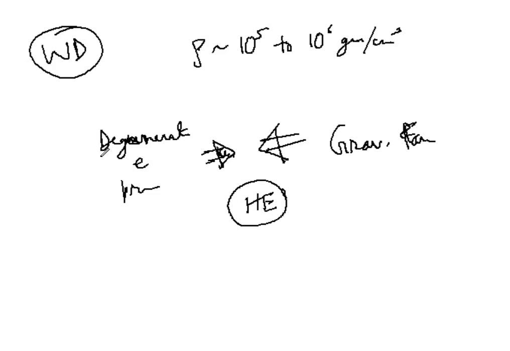Now you see, it will not happen that a white dwarf will always be like this. What I mean to say is that white dwarfs have a maximum mass limit, and this is known as the Chandrasekhar mass limit.